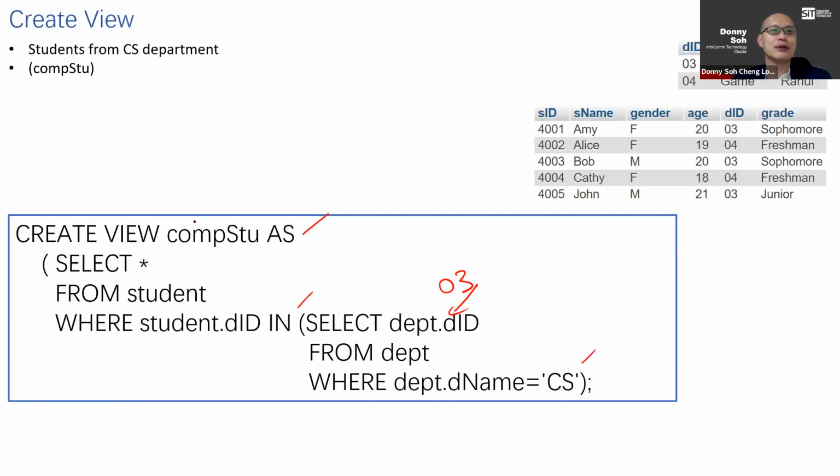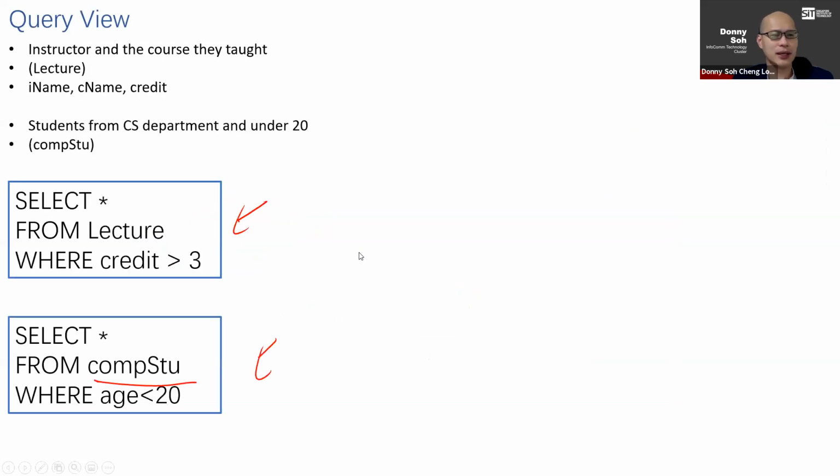This is the view that was created from student. I didn't create it in the PHP mining, but I think it should be quite explanatory. So I can further run queries on my view. Any questions so far?